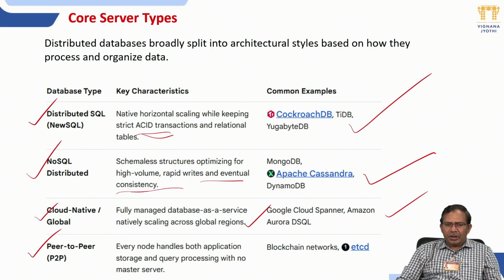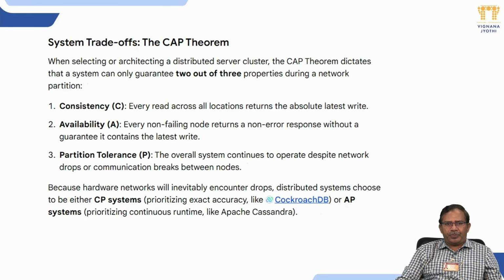All the nodes are equally designated, equally equipped, and they are able to communicate easily with a common language. And there is no hierarchy here. Blockchain networks fall under this particular category.